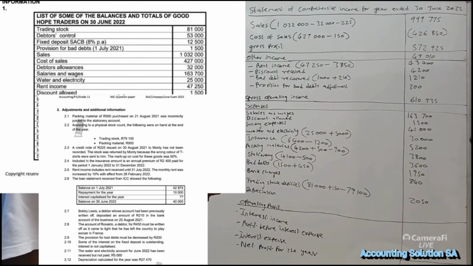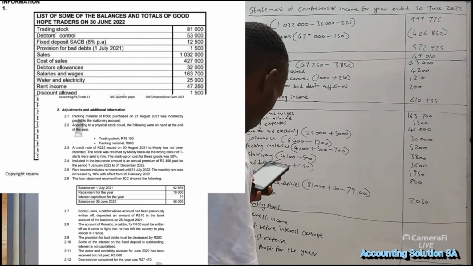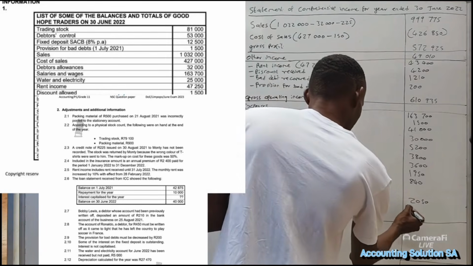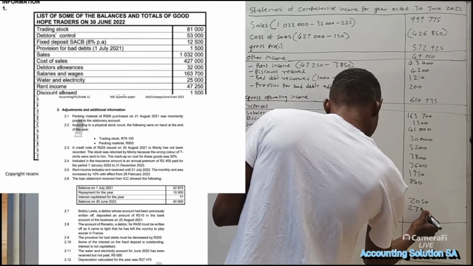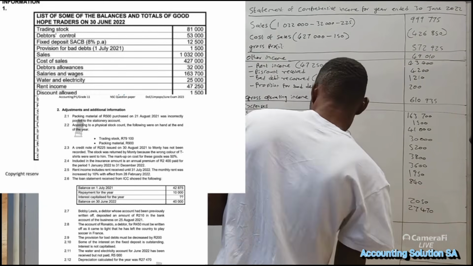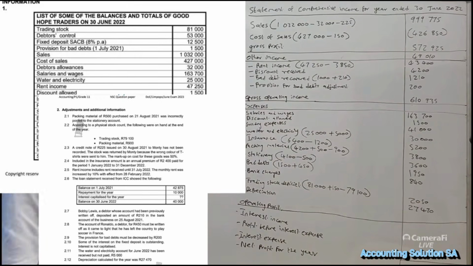Okay, then depreciation. The last adjustment, they said 27,470 is for depreciation calculated for the year. So there was no need to calculate any depreciation in this case because it's given. Okay, then after that, guys, I think we will be done with all expenses.